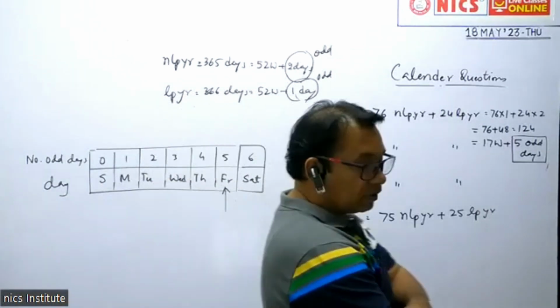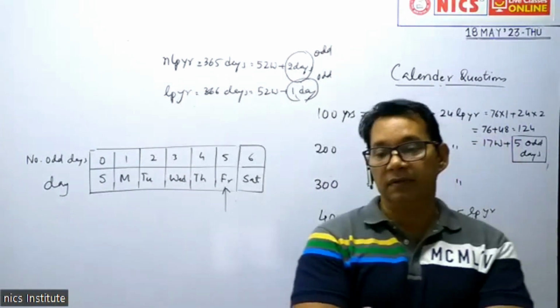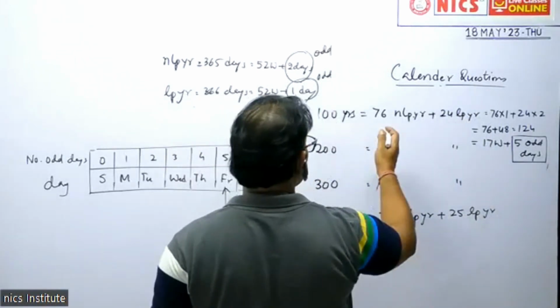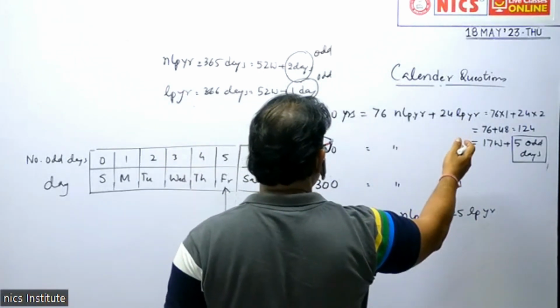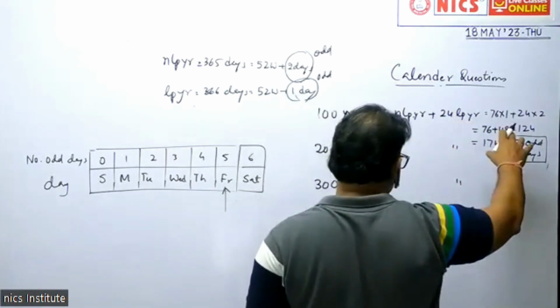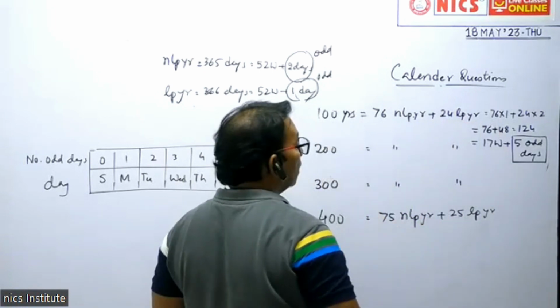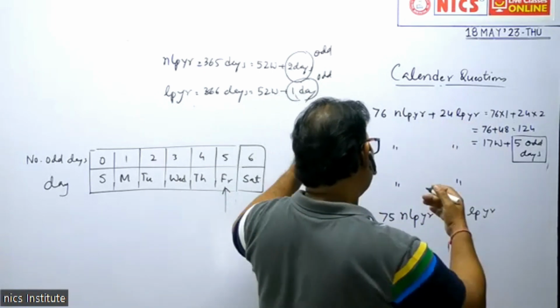Now let's talk about the second century. In the second century also we have 76 non-leap years, 24 leap years. The story is the same, only 5 odd days. But remember that whenever you calculate the total number of odd days, it'll be from the very beginning.